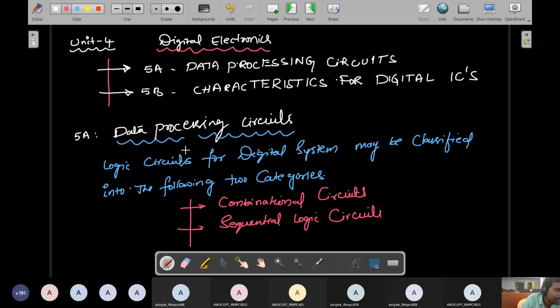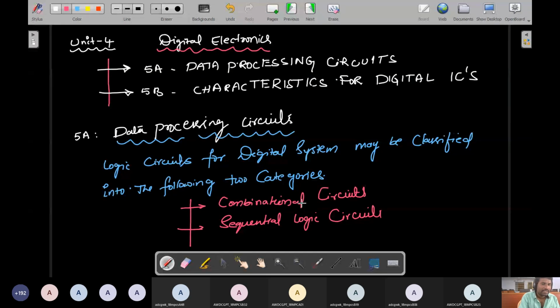In data processing circuits we have a lot of topics in our syllabus. I'll write the topics also, don't worry, and I'll explain each topic. Data processing circuits are nothing but logic circuits, which may be classified into combinational circuits and sequential logic circuits.